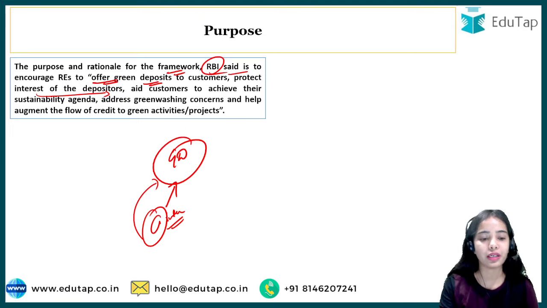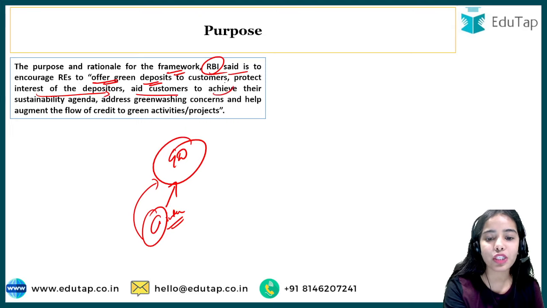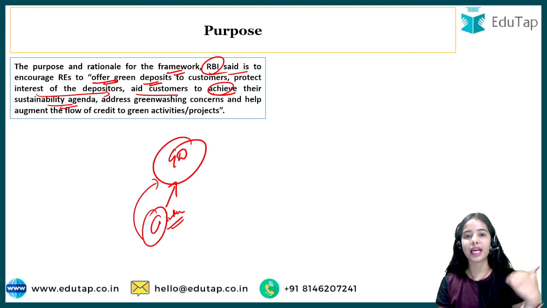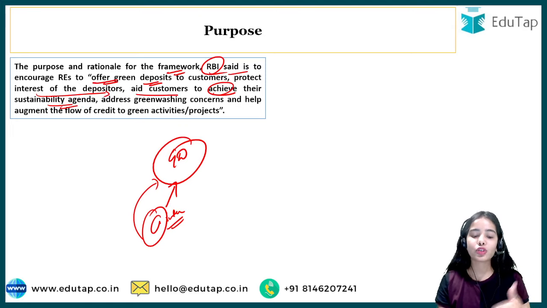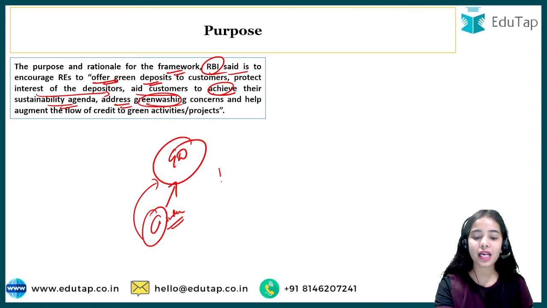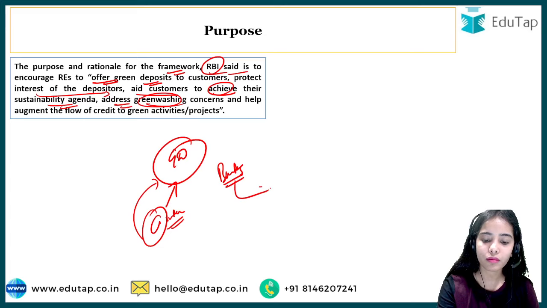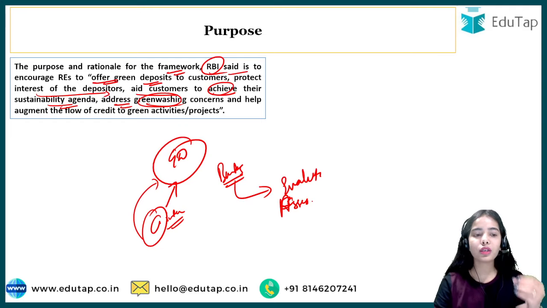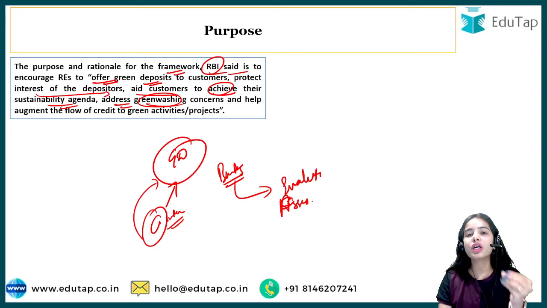So they do not have to take the risky step to help the environment by directly investing in some particular company. Aid customers to achieve their sustainability agenda. So this customer has some agenda that I want to provide for the environment, and the customer is able to do so. Address the greenwashing concerns. So the banks will be doing the checking, the evaluation, the assessment, so the borrower cannot cheat the bank.